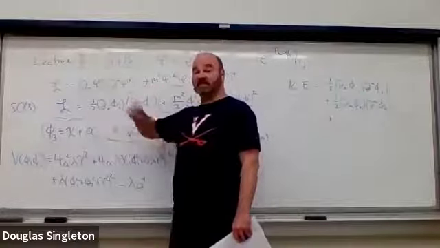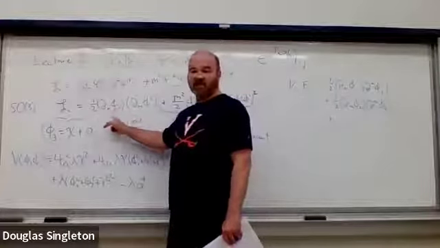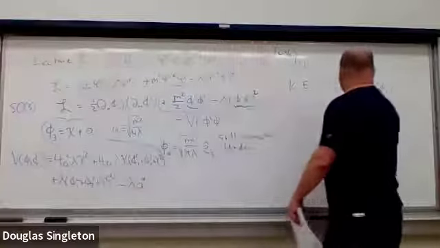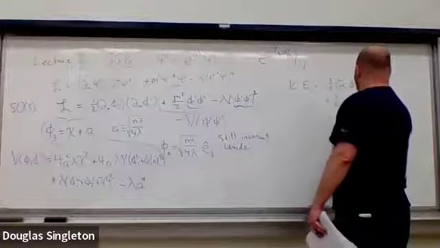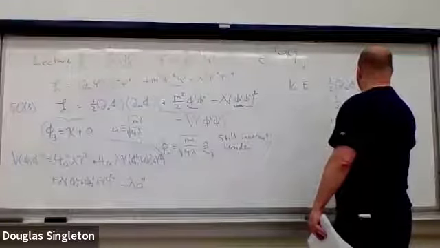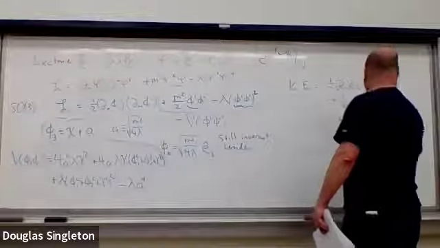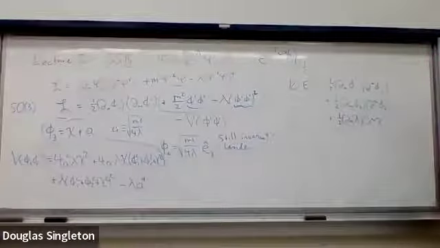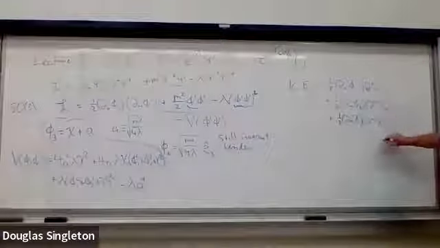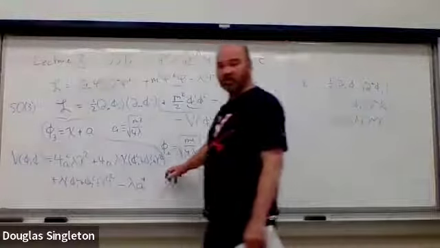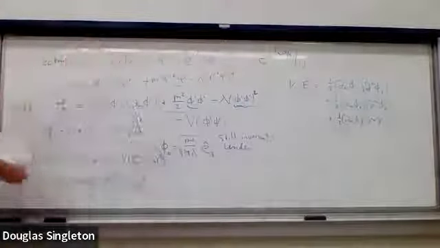Since derivatives eat constants, what we get here is 1/2 d mu chi d mu chi. So we have 3 kinetic terms, 1, 2, 3, and then this is our potential.